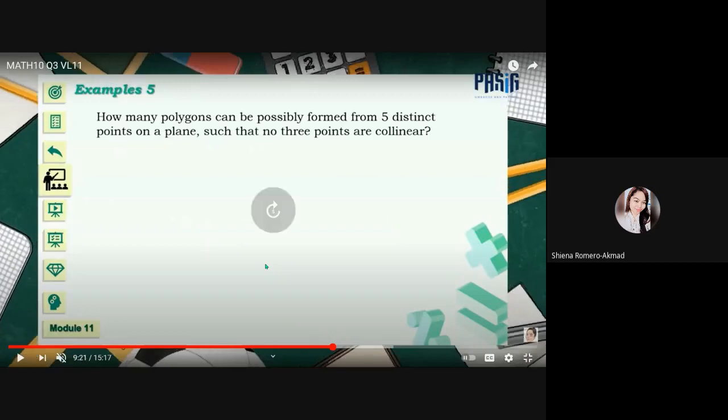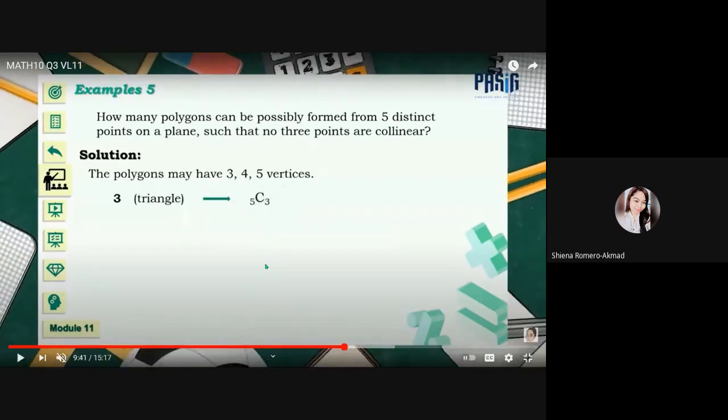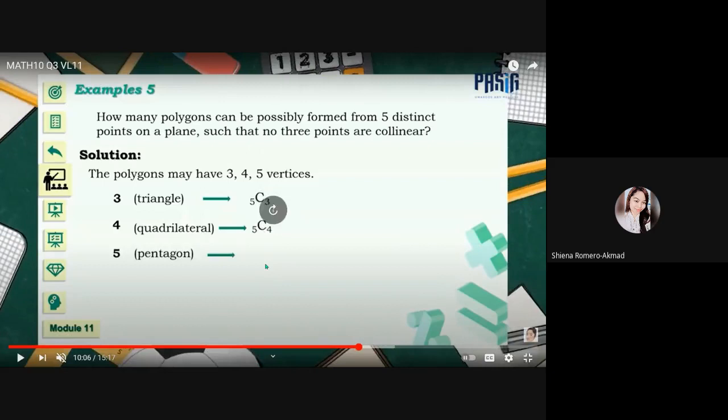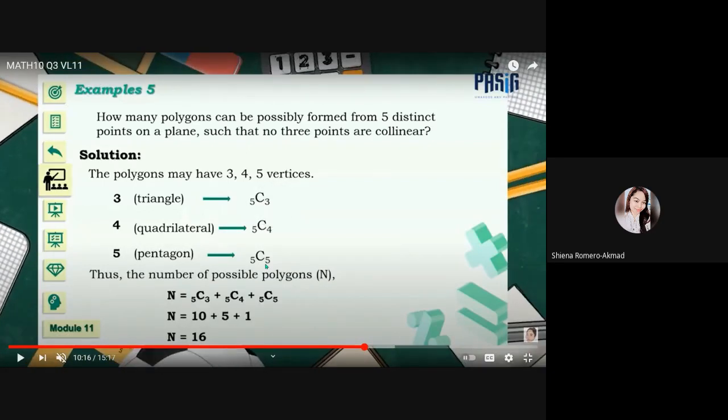Okay? So pwedeng combination of 5 taken 3 for the triangle, combination of 5 taken 4, and combination of 5 taken 5. So kapag in-add natin yan, we'll get 16. So we can form 16 polygons out of 5 points such that no 3 points are collinear.